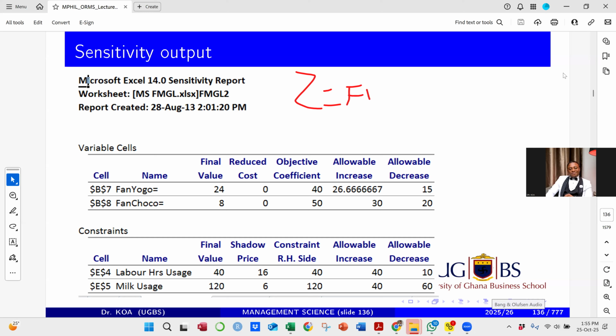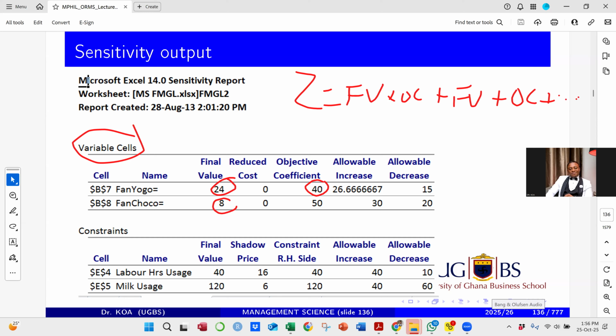Take the final value of the variable cell, multiply it by the objective coefficient, plus the next final value, multiplied by its objective coefficient, and keep going until you have handled all of the final values. That will always give you the solution. Please, are you following?